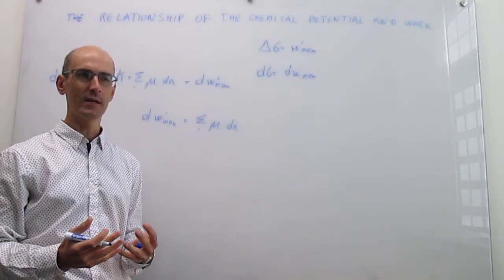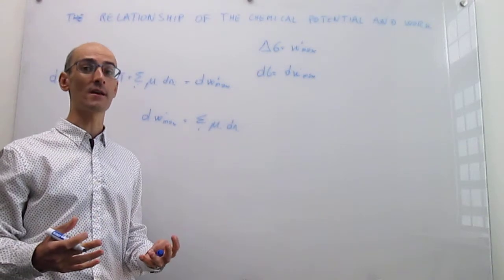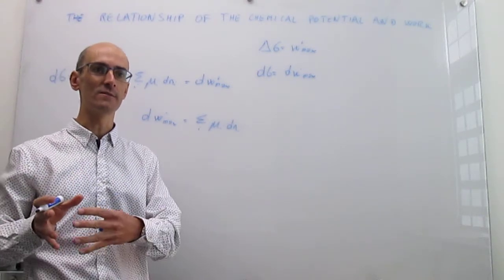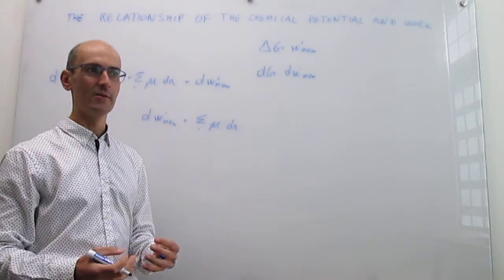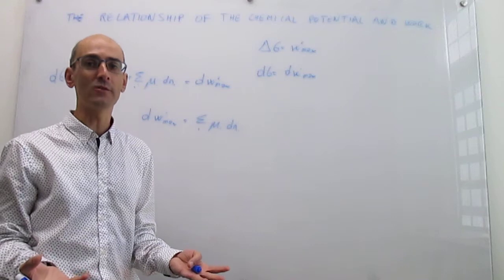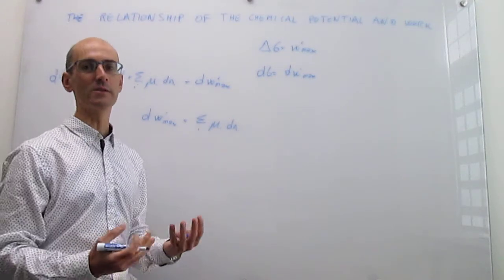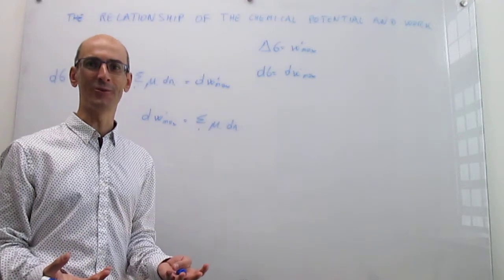That might sound a little exotic, but it really isn't. Think about a chemical reaction in which you have reagents moving towards products. If this is a combustion reaction, for example, we know that the variation of reagents into products can be used to extract work.